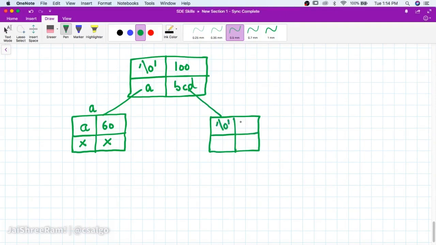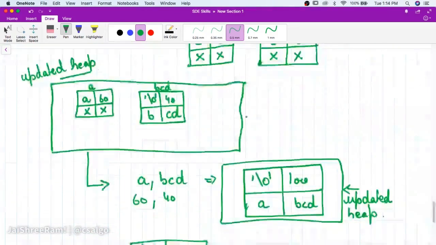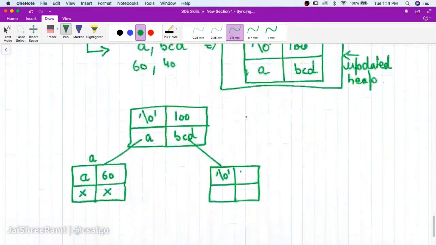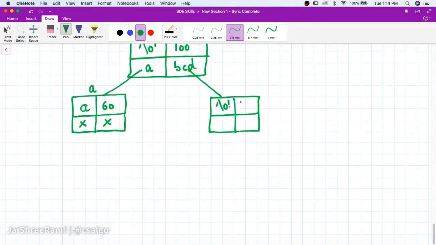Its cost was, let me see, BCD, its cost was 40, and this is my BCD node. On its left I had a B node, and on its right I had a CD node.